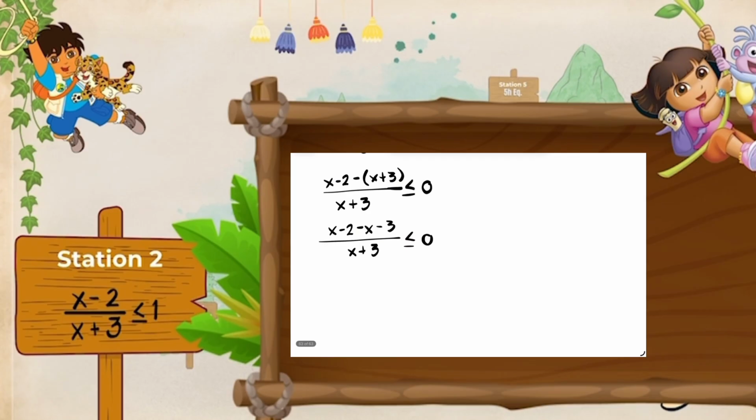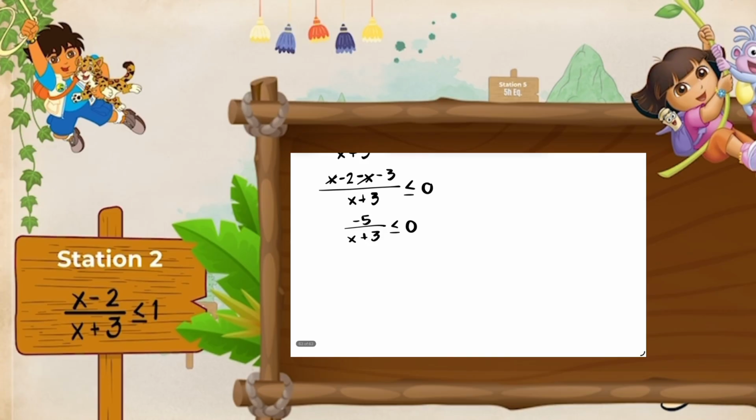Next we're going to combine like terms. So x minus x is cancelled, and negative 2 minus 3 is negative 5. We have a new equation, and we'll use this.